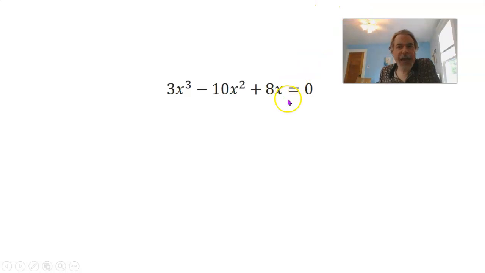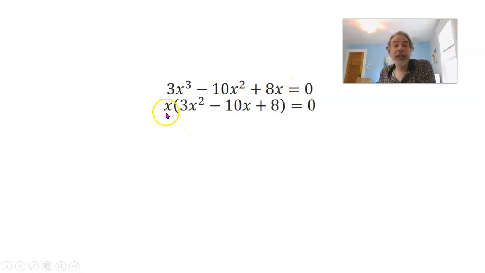Now, we want to factor the other side, the side that isn't 0. So I do see a common factor of x. All of these terms involve x, at least one x. So I'm going to pull out an x, and then it's x times 3x squared minus 10x plus 8.